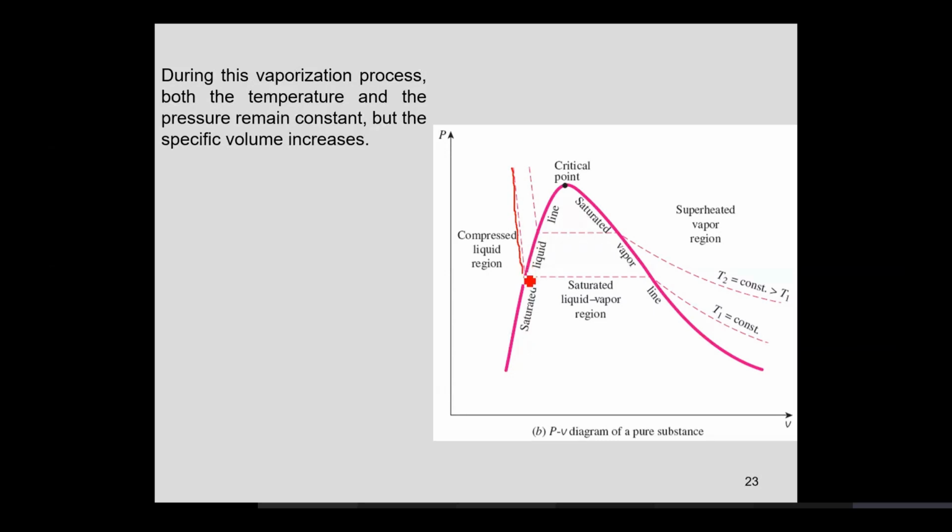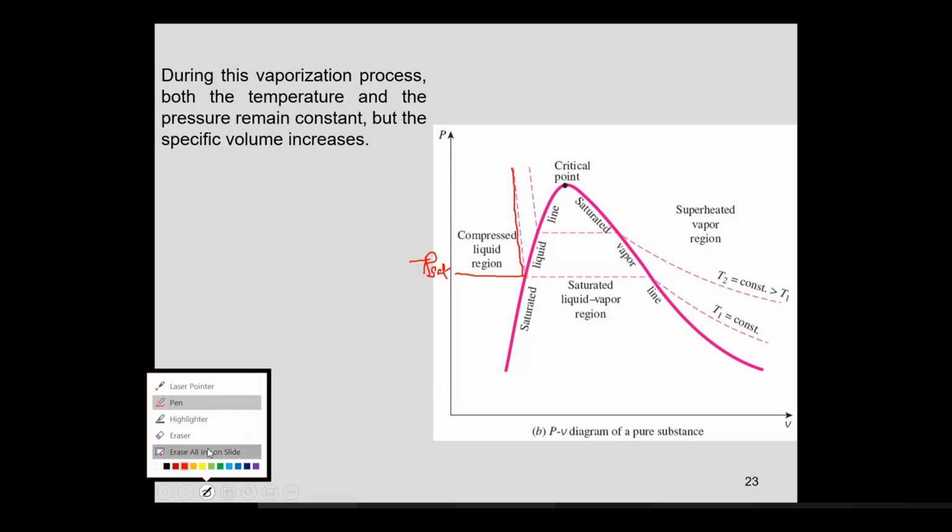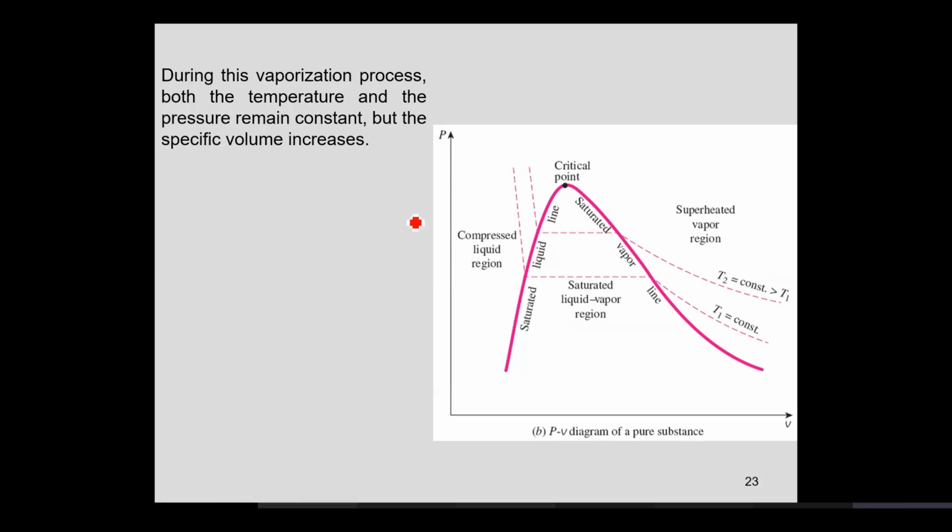This is the behavior: when you are decreasing the pressure, the specific volume continues to increase until your pressure reaches P saturation for T1.